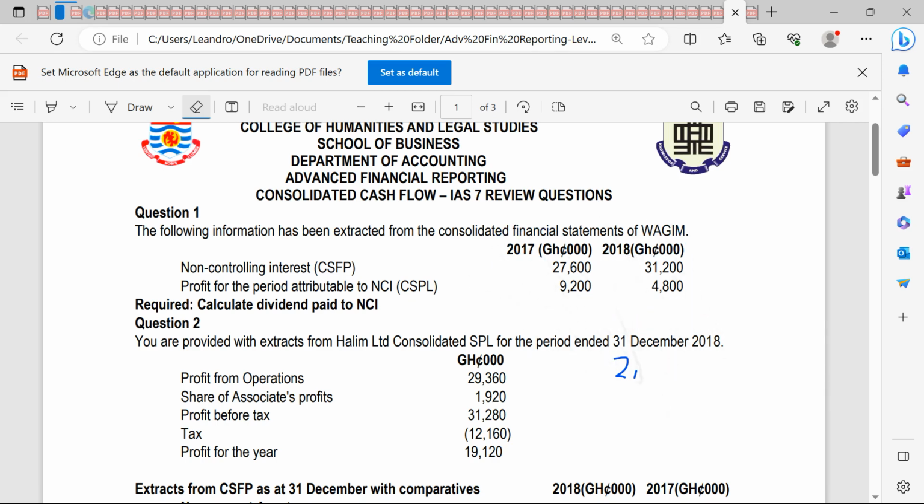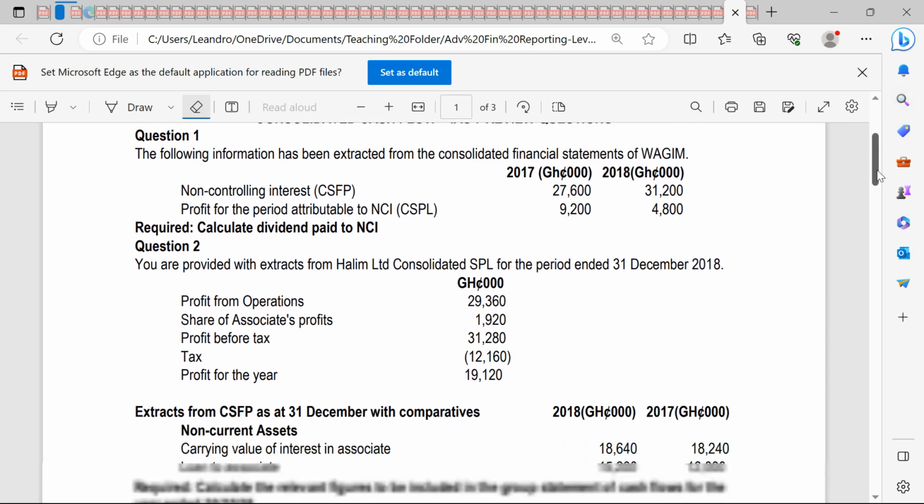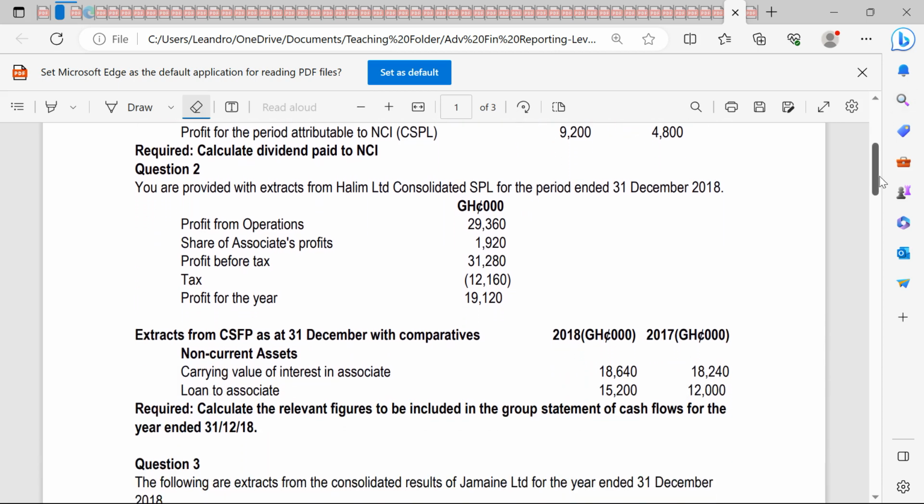So you have consolidated profit or loss, and therefore you have share of associate's profit. Now the requirement is to calculate the relevant figures to be included in the group statement of cash flow. So it's about investment in associates.